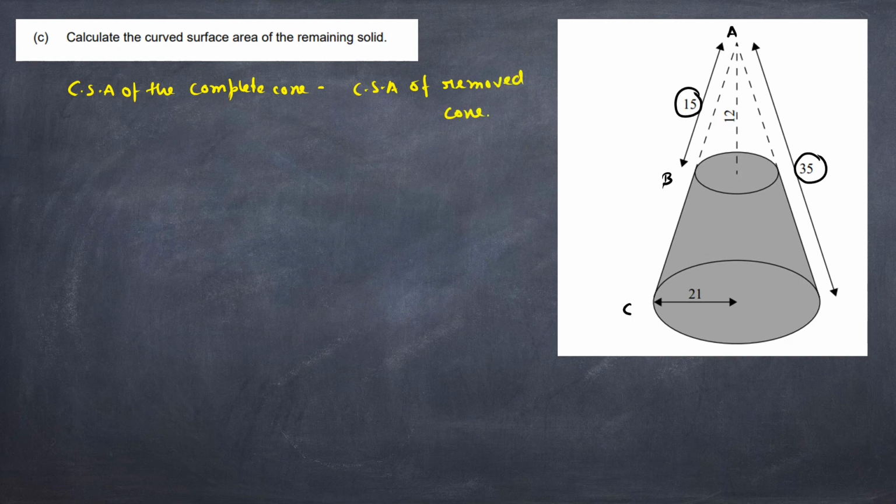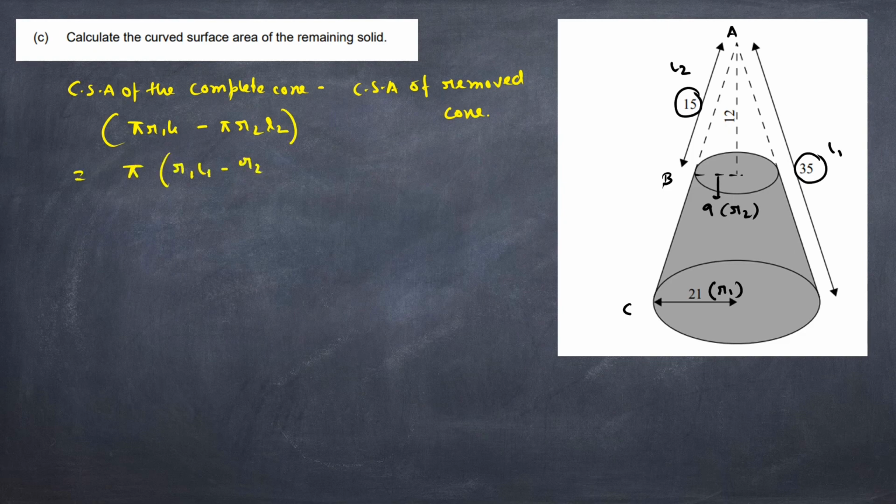And as I have already given the dimensions, this is L2, this is L1, here 9 is R2, here 21 is R1. So basically what we need to calculate is pi R1 L1 minus pi R2 L2. This is our formula. So here we are taking pi common, and R1 L1 minus R2 L2.